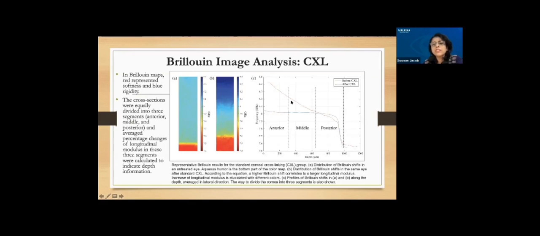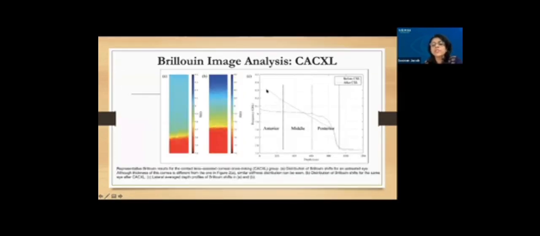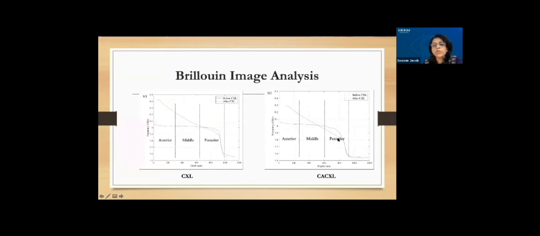This is CXL, and it shows the stiffening before and after CXL. After CXL, they found that the maximum effect was in the anterior and middle cornea, not much effect in the posterior cornea. And they found similar results post CACXL, where they found a significant increase in stiffening in the anterior and middle cornea, similar to conventional cross-linking, not much in the posterior cornea.